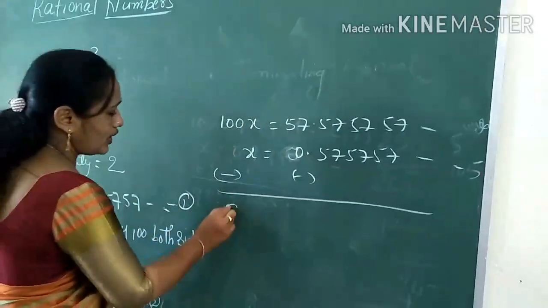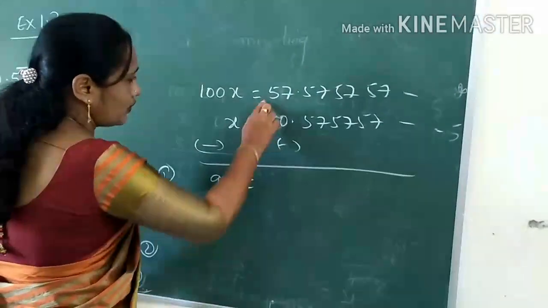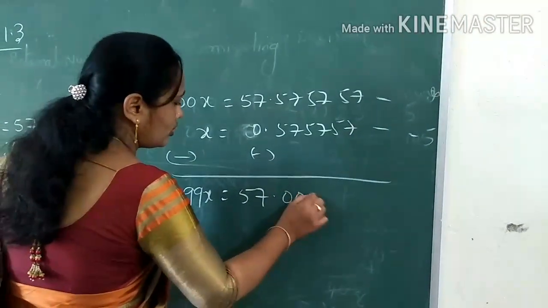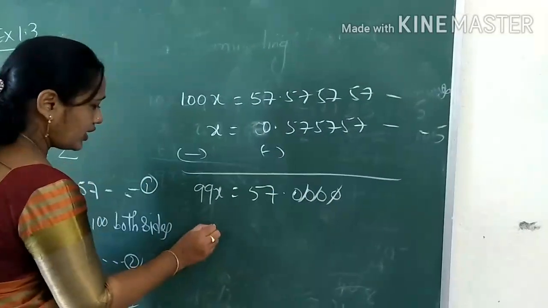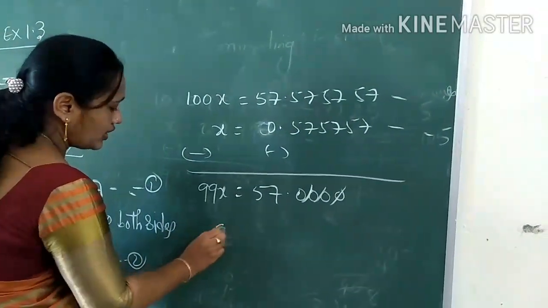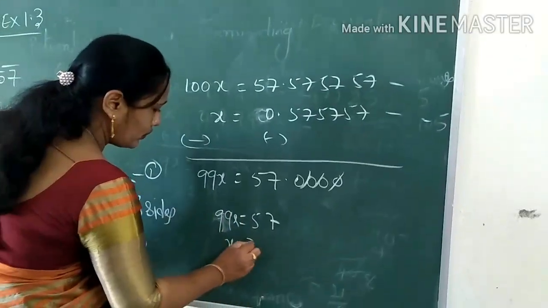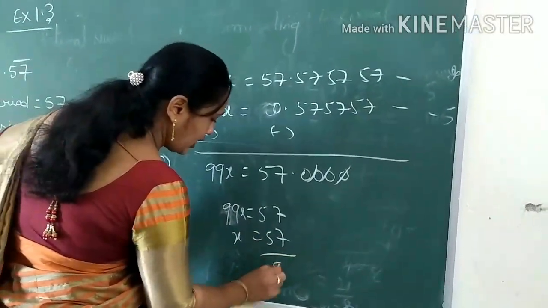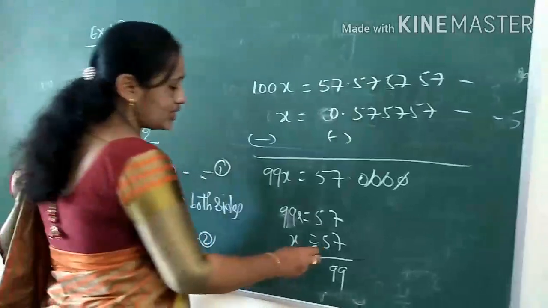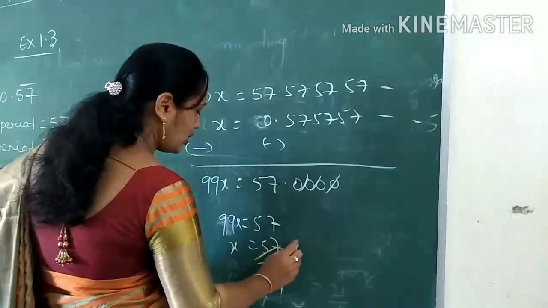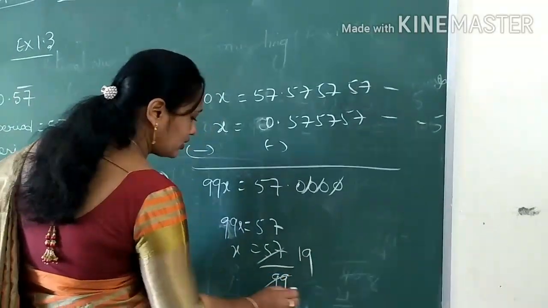Subtracting, 100x minus x means 99x. Here 57 minus 0 is 57, and the rest are zeros. So 99x equals 57, and x equals 57 by 99. Now we cancel by 3: 3 ones are 3, 3 nines are 27, 3 thirty-threes are 99. So x equals 19 by 33.